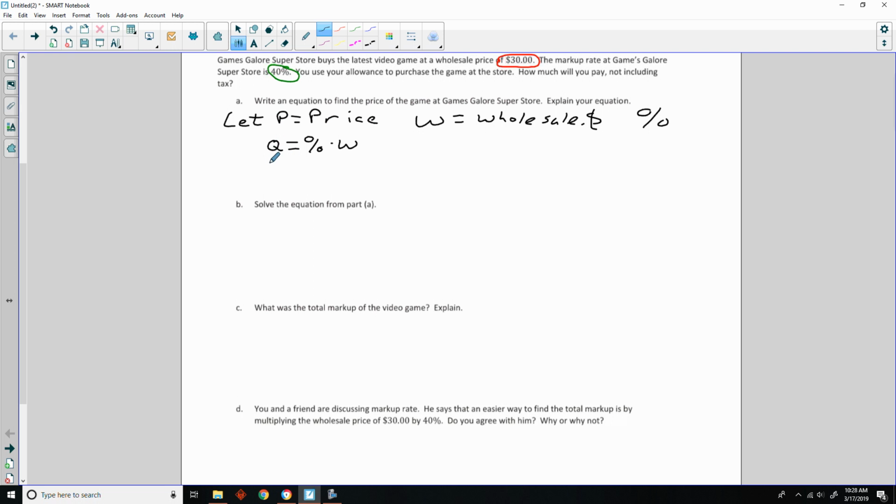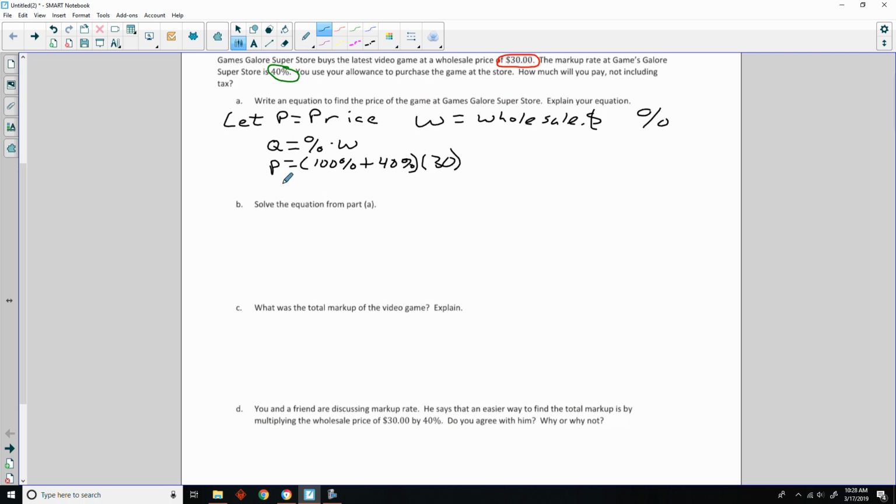So our quantity is going to change to P. Our percent is that the video game store is going to pay 100%, plus they're going to add 40% to that cost. So the percent is going to be 100% plus 40%, and the wholesale price was $30. So there's our equation.